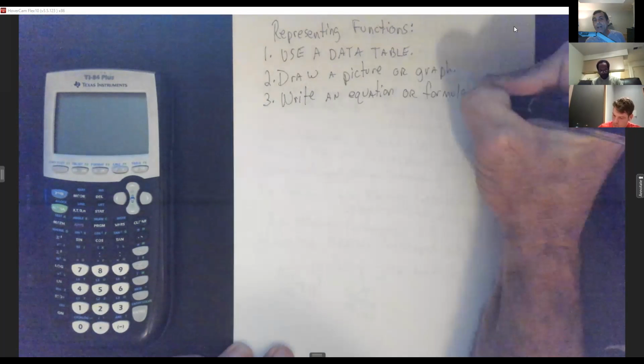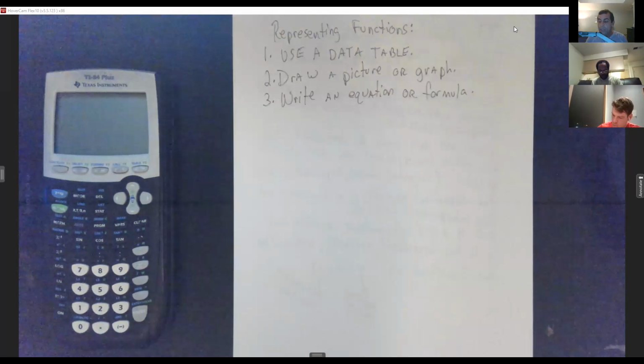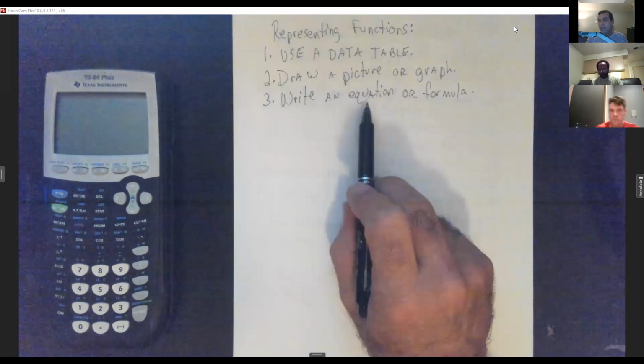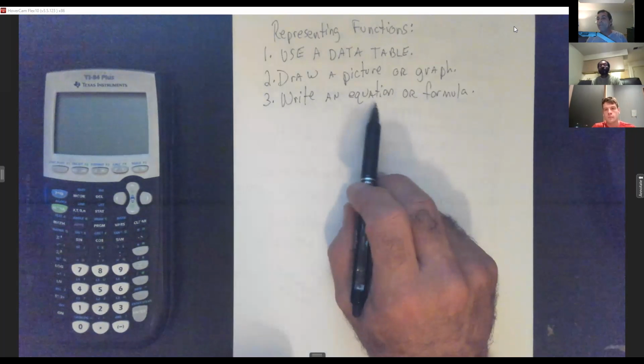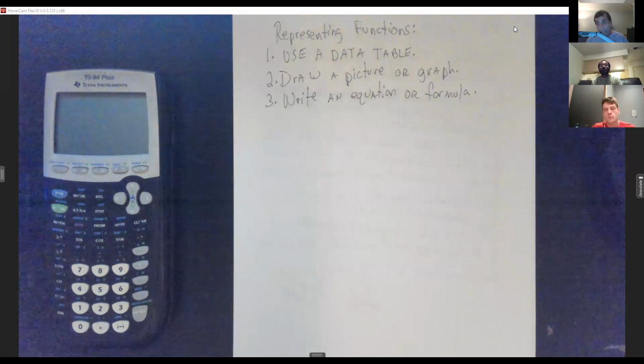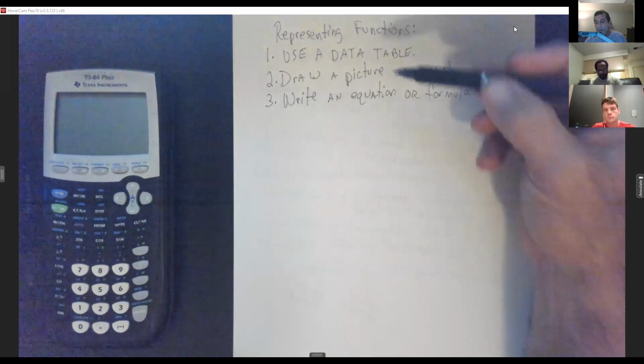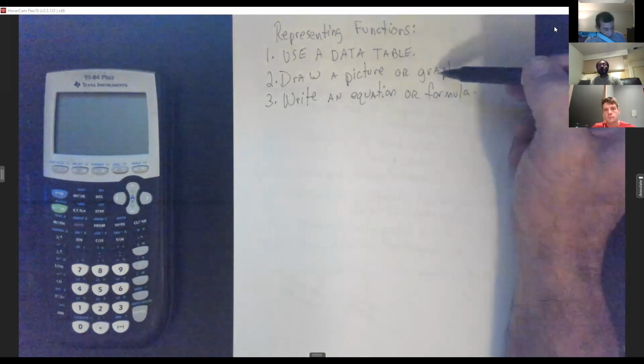Now they try to trick you up on that homework and put words like expressions. Expressions are not equations, and we don't represent a function with an expression, okay? So they'll try to trick you up on that, but you want a data table, graph, equation, okay?